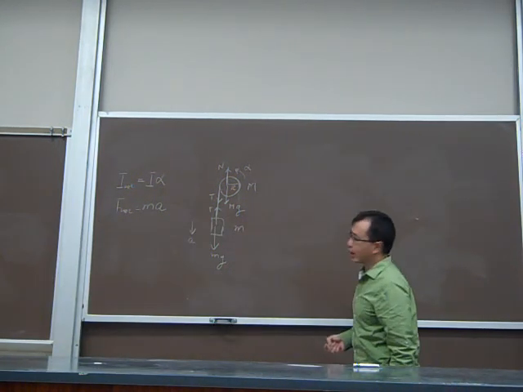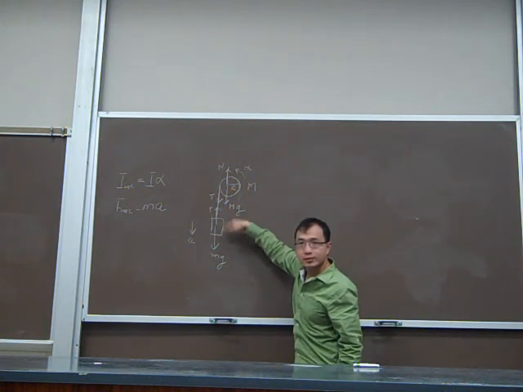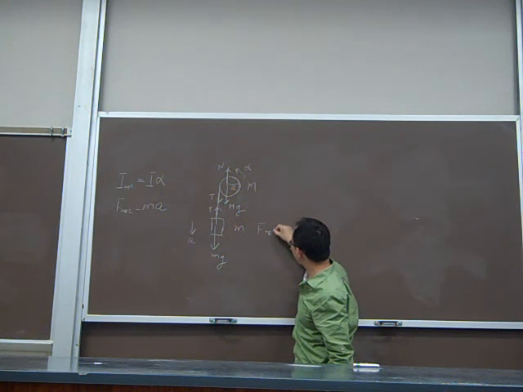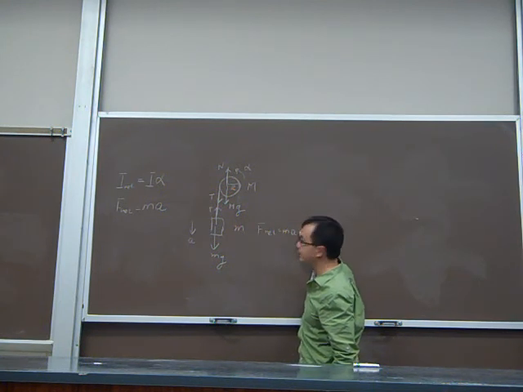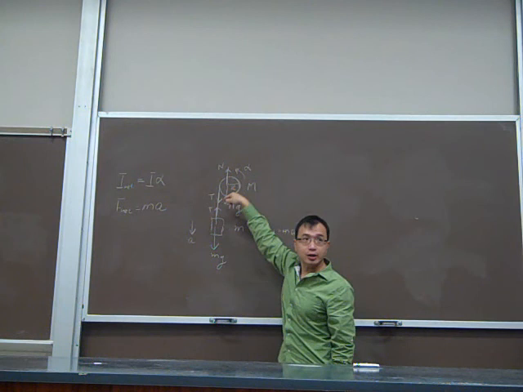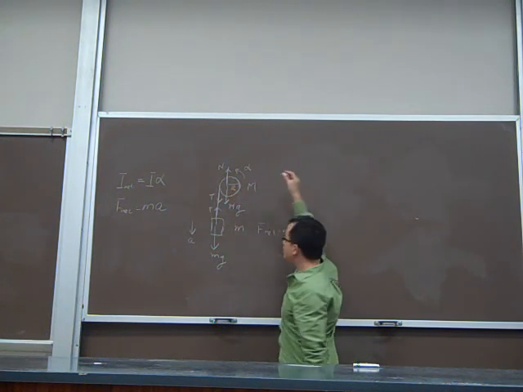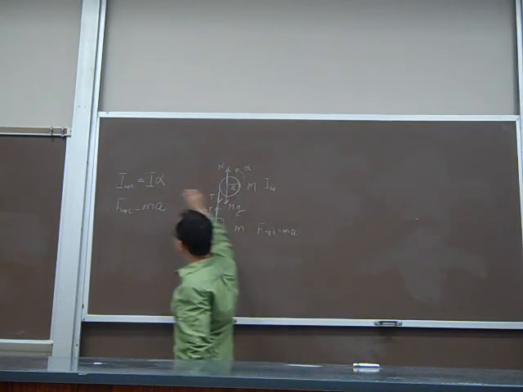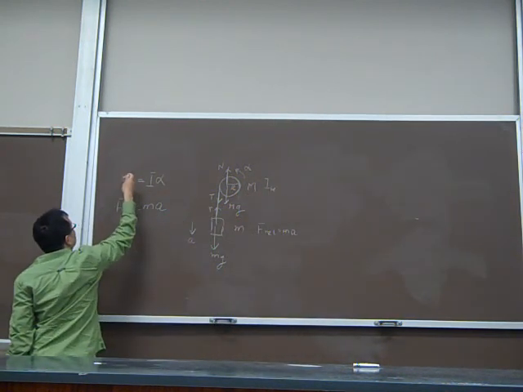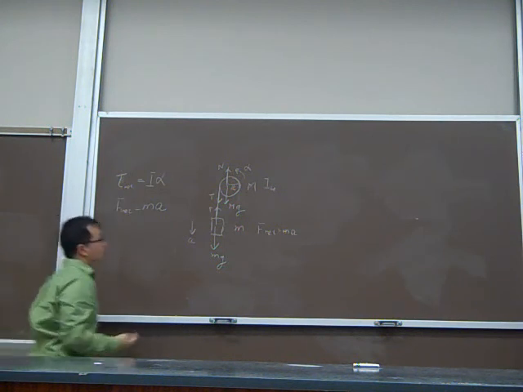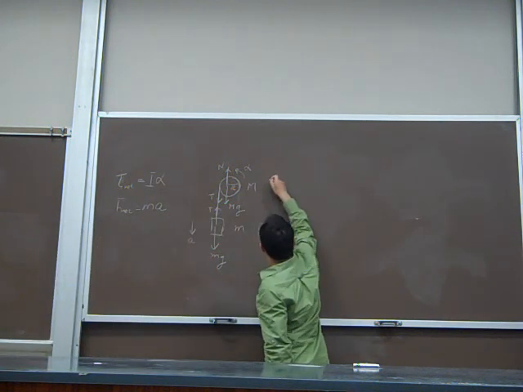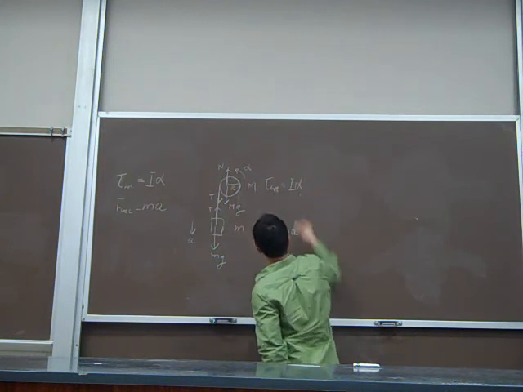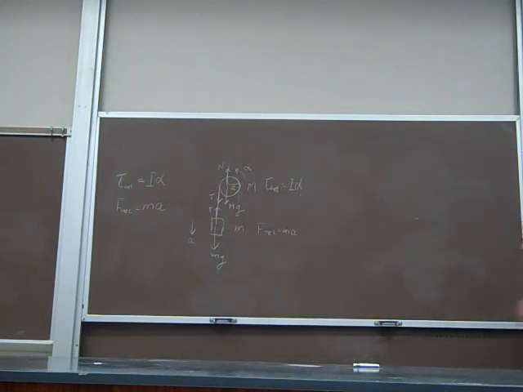So the equation we are going to use for linear motion is F net equals ma. For the pulley, it's under rotation, so you need to use the net torque. This is torque net. So you have to use the net torque equals I alpha.